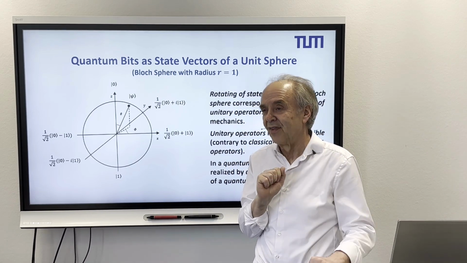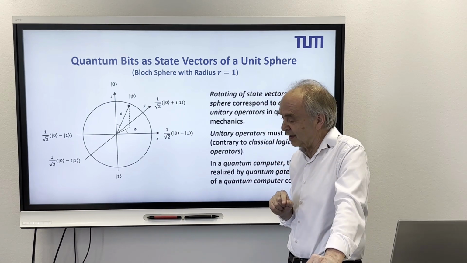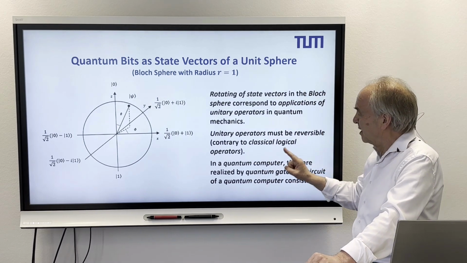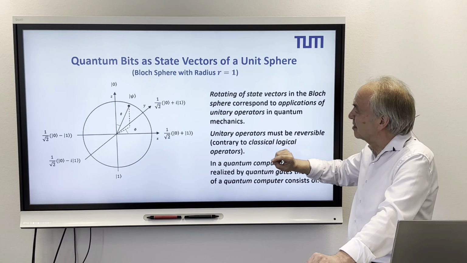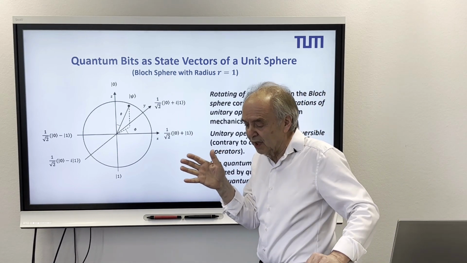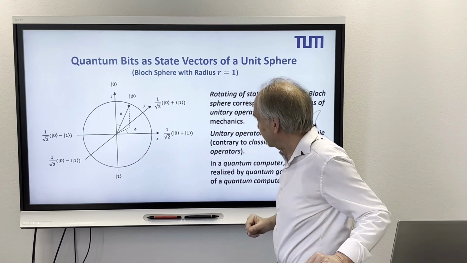You remember the OR connective, which I highlighted in the beginning, is not reversible. Mathematically, these are called unitary operators. For us now, it is sufficient to remember that this means reversible operators.